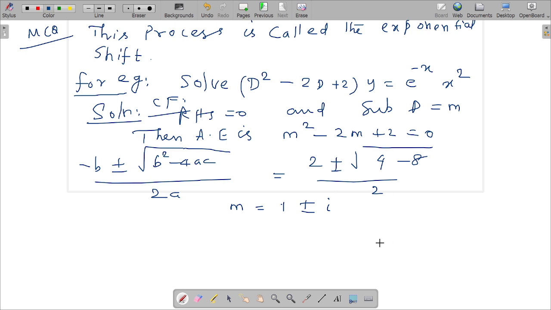It is in the format of alpha plus i beta, so alpha equal to 1, beta equal to 1.